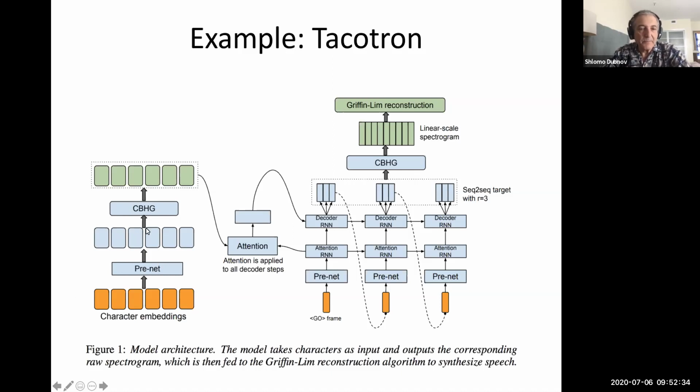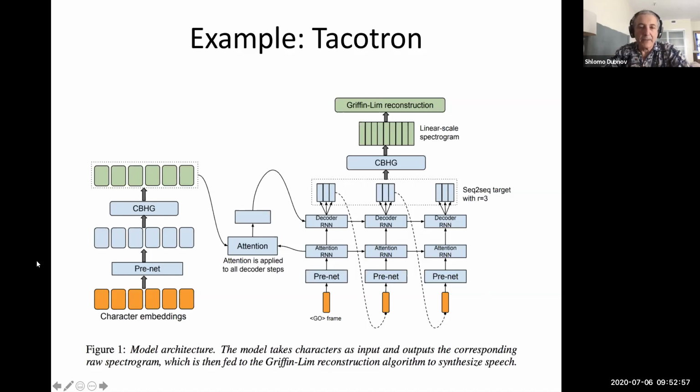You need to do some processing, you do some embedding, you do these highway networks and the GRU here. Whatever that process is, that creates now a vector that has a sequence-to-sequence structure. It actually maps a sequence of characters to a sequence of spectral frames. And this one is also a bunch of recurrent neural networks.